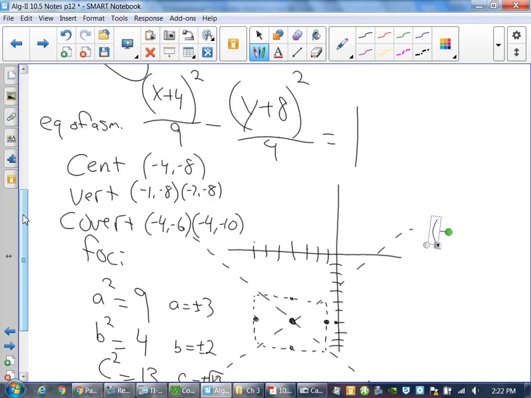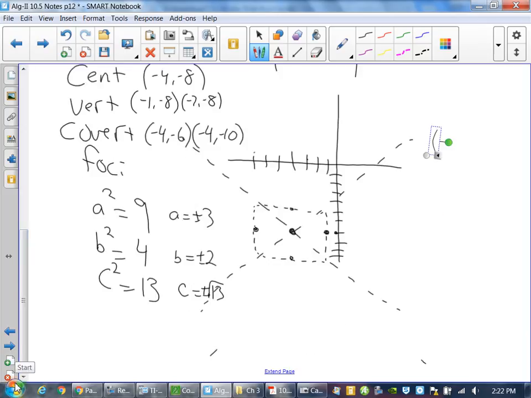You guys see what I did? How I screwed that up? I said that it was going to go left and right, but what didn't I draw in my picture? I didn't do a quick sketch, so I just got ahead of myself. I should have done this, and I would have known right away. The square root of 13 doesn't have a square. It's between 3 and 4, so we go this way, right in between.